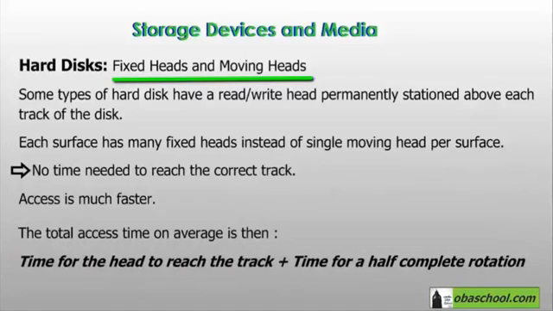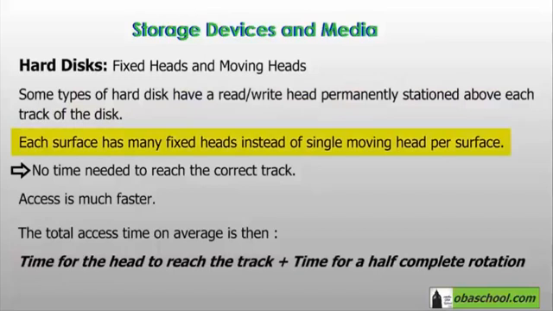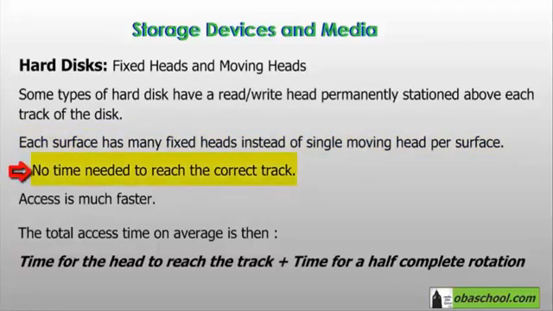Some hard disks have fixed heads and some have moving heads. We already saw the moving heads in the video. Some types of hard disk have a read-write head permanently stationed above each track of the disk. Each surface has many fixed heads instead of a single moving head per surface. And in this case, no time is needed to reach the correct track.